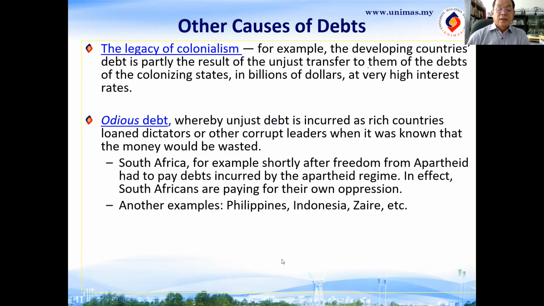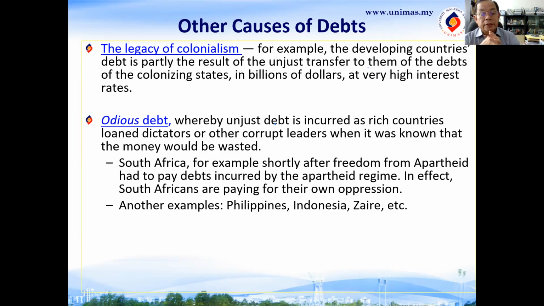Another example is the Philippines during the President Marcos era. A lot of money, mostly loans from the World Bank and so on, was supposed to be for the development of the Philippines.